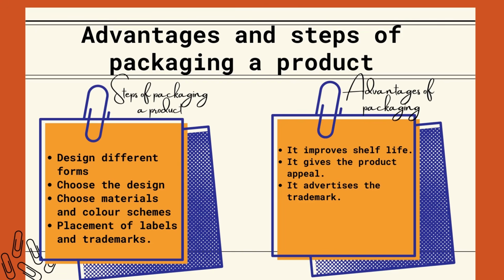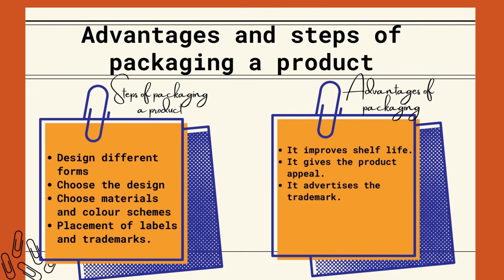Then you also need to include labels. The last step that is important is the issue of trademark. Now you need to protect your brand. You need to protect your designs and all that. So this is where trademark comes in.